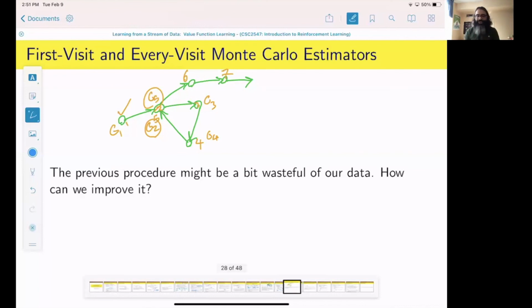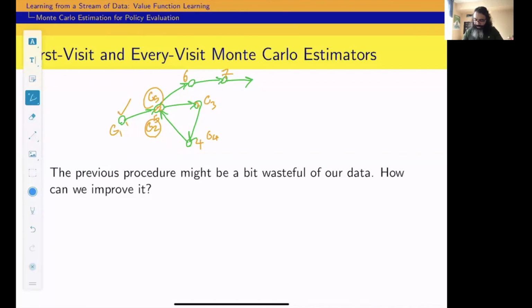So in those situations, even in a continuous state problem, we may get back to the same state more than once. But in general, if we have some nice properties, we never get back to the same state again. In that case, first visit and every visit Monte Carlo estimates would be the same. Okay, so this is kind of a big digression.